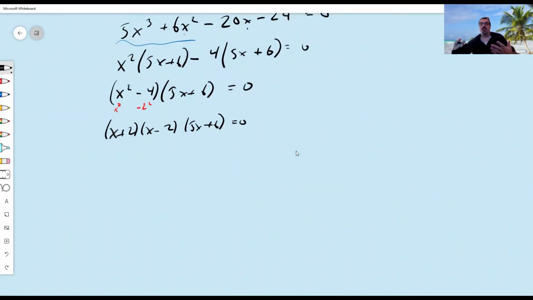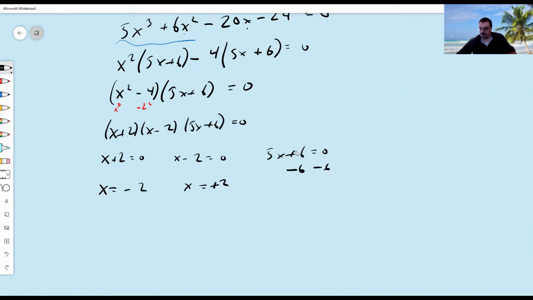Everything's factored, so we're going to set each factor equal to 0 now. x plus 2 equals 0, x minus 2 equals 0, 5x plus 6 equals 0. So x equals minus 2, x equals plus 2, and this one was a little more work: 5x equals minus 6, x is minus 6 over 5.